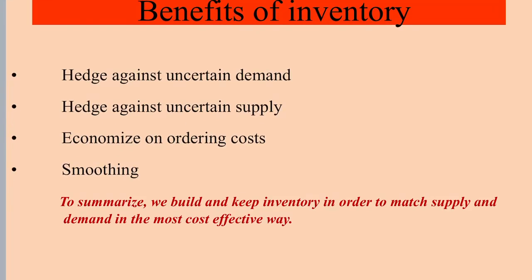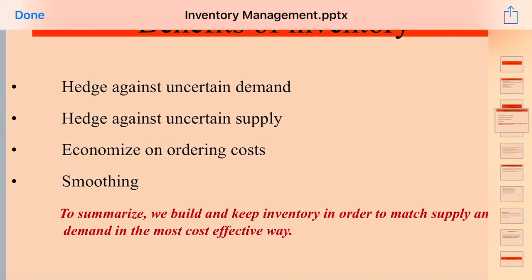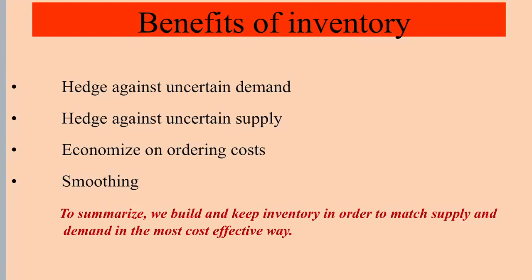To sum up whatever we have studied till now is the benefit of inventory. So we have seen the benefit of inventory management is that we can hedge against uncertain demand. So management should be such that even if there is some uncertain demand, smooth operations can be carried out. Hedge against uncertain supply also.